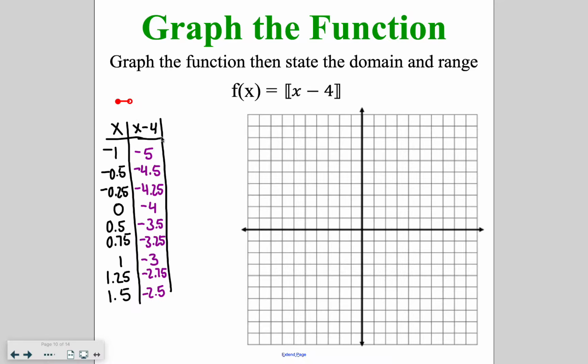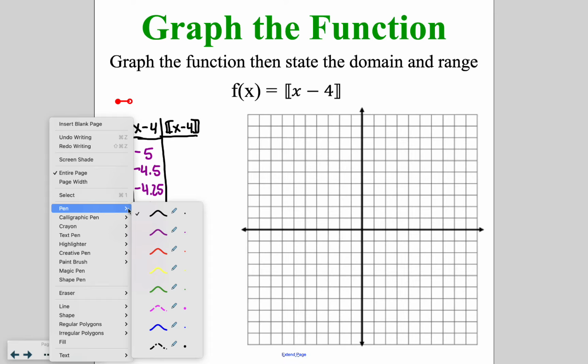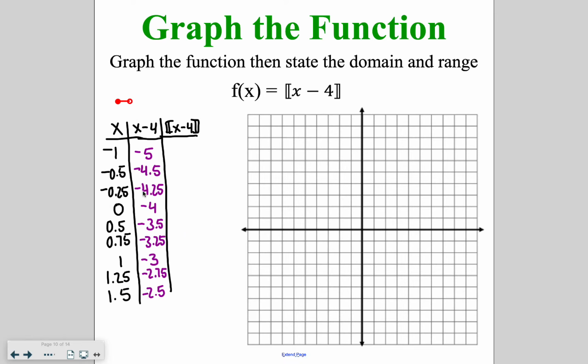The last column then of this table is going to be to actually do the rounding. So putting that fancy bracket in there to say you are now doing the rounding. As you do the rounding, we want to round down to the nearest whole. So these values that have no decimals stay as whole numbers. Then I look at my decimal part. I want the number that is below -4.5 with no decimals, so that's going to be -5.